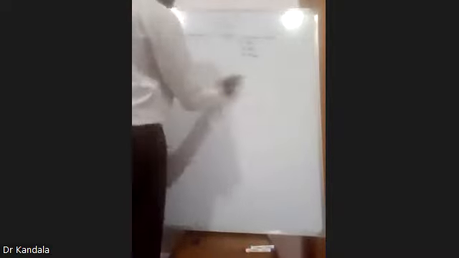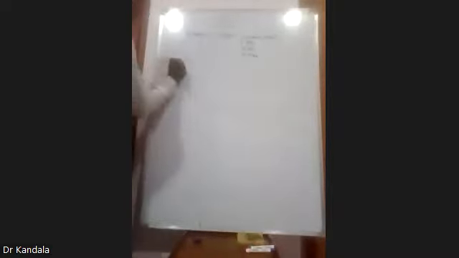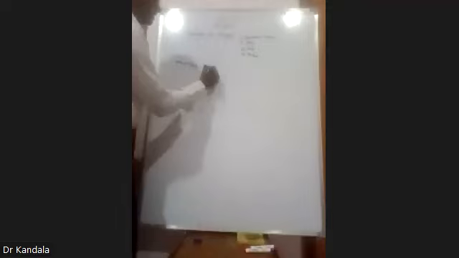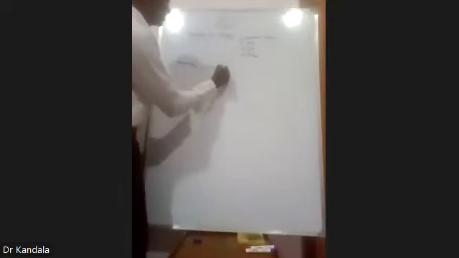Next, polyoxides. What are polyoxides? Again, these are classified into different categories. One is peroxides. What are peroxides?